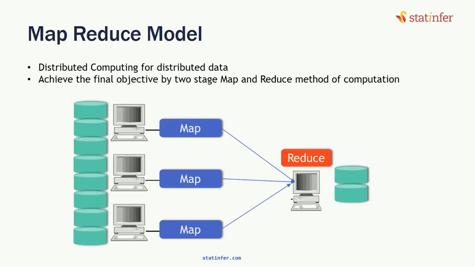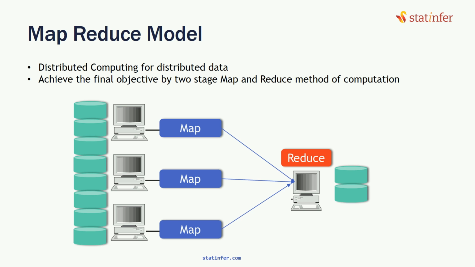So, MapReduce programming. We already discussed distributed computing in our last session, in the introduction to big data and distributed computing. Basically, if we have a really large data set, we divide the whole problem into smaller problems, solve the smaller problems, and then find the final objective by taking the intermediate output from these smaller problems. Basically, we divide the whole data set into smaller pieces and store them on local systems.